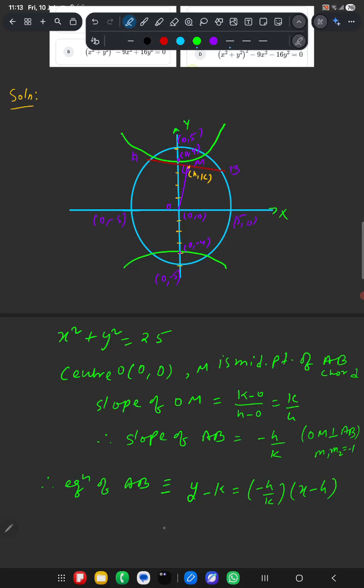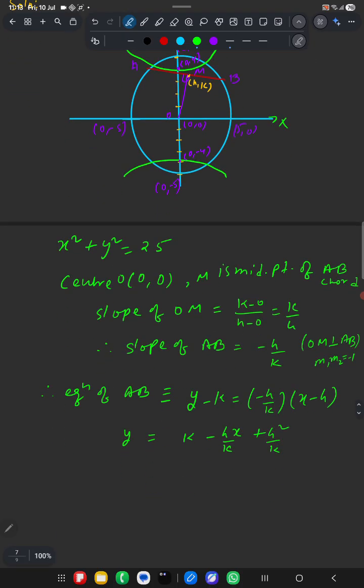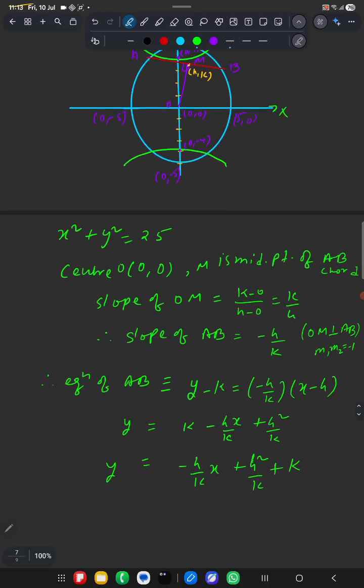If you simplify it in terms of y only, you will get y equal to k minus hx upon k plus h squared upon k. So we will just put it together in the form of mx plus c: y equal to minus (h by k) x plus (h squared by k plus k). Okay, so this way we are getting the equation of AB.